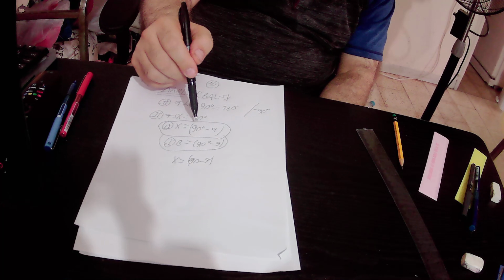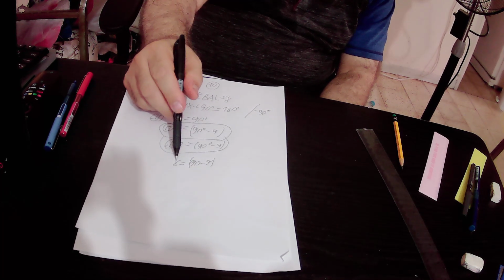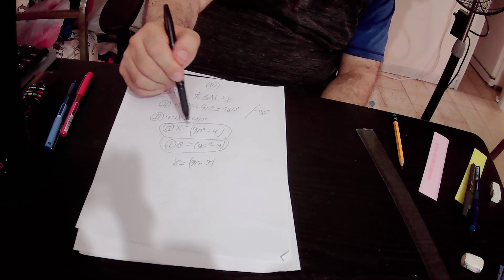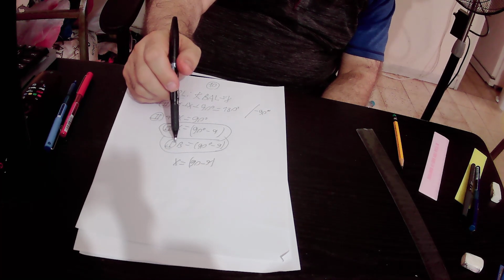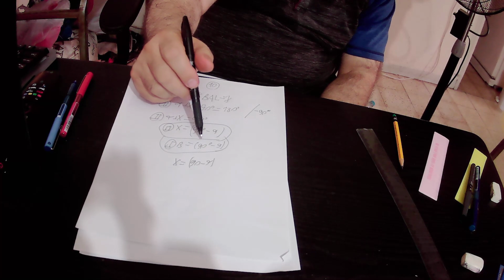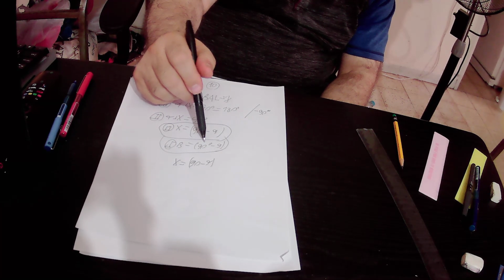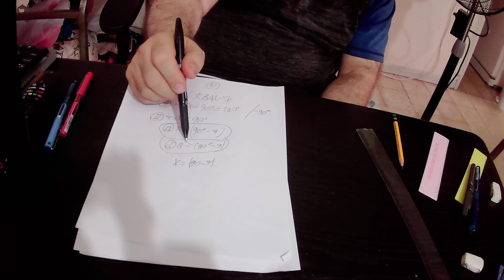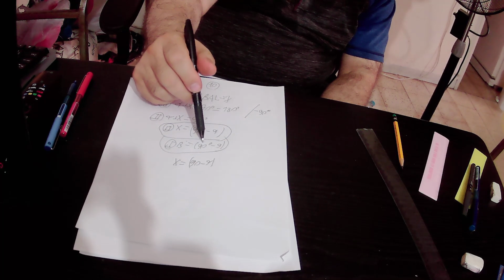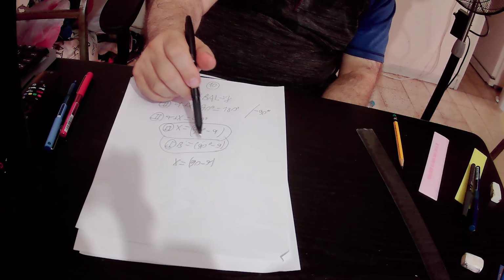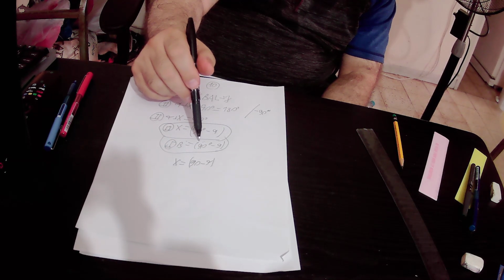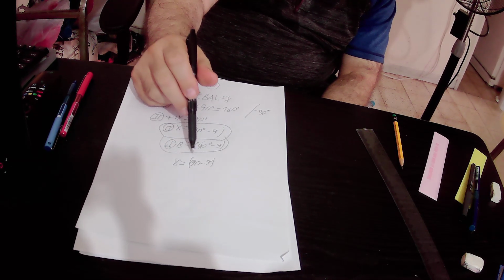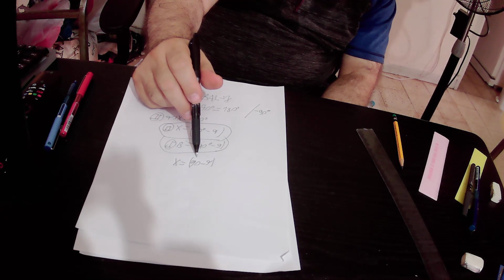So I copied our second equation here, x equals to 90 degrees minus alpha. But from the first equation we know that 90 degrees minus alpha equals to beta. So I will add this equality to this equation.